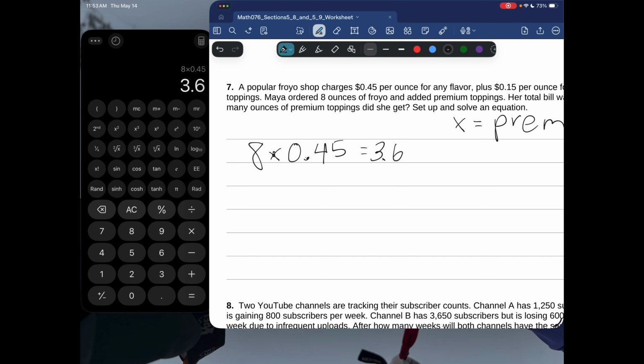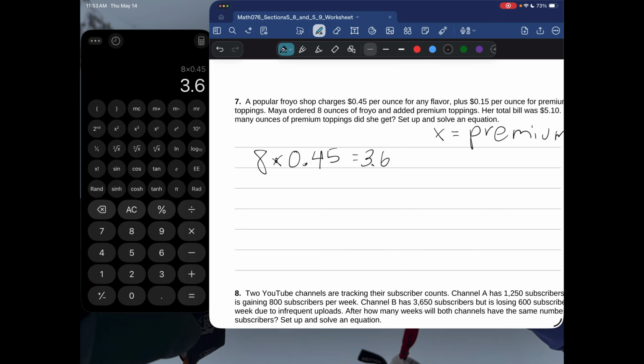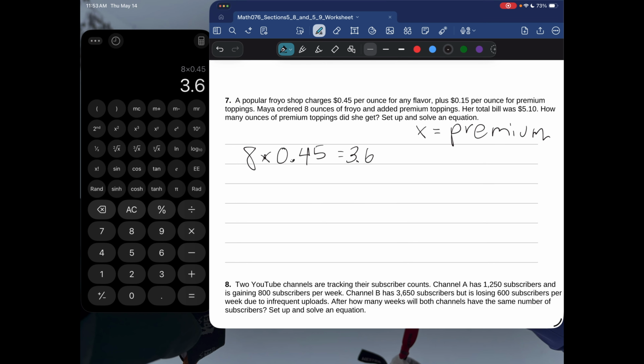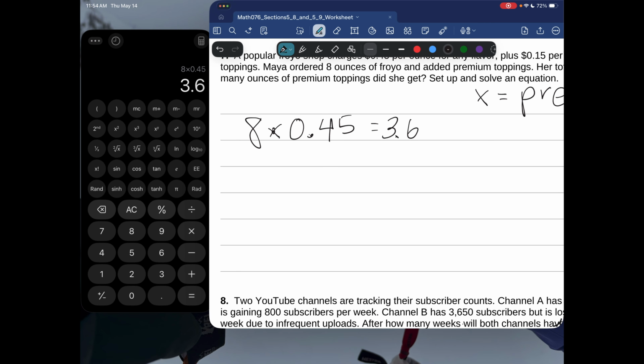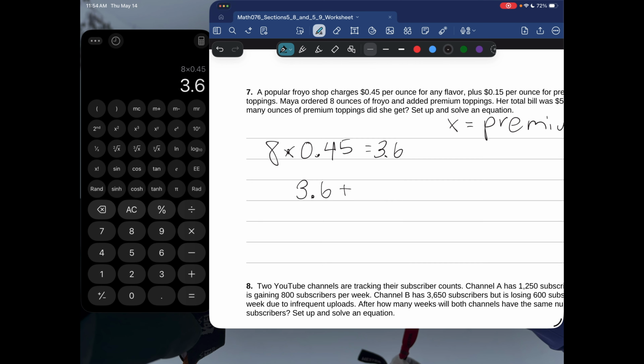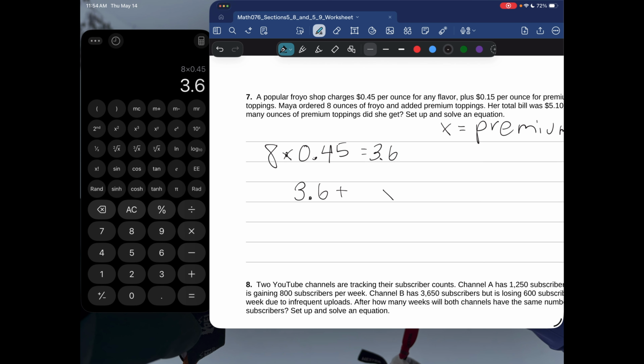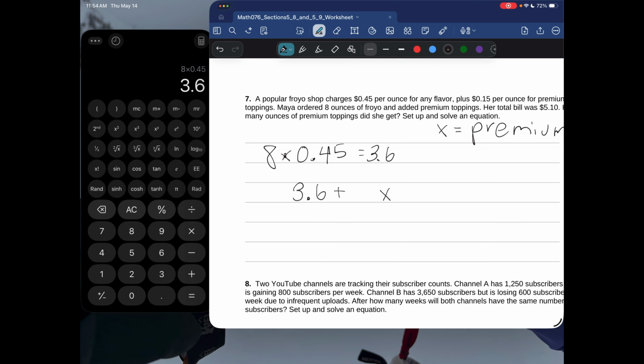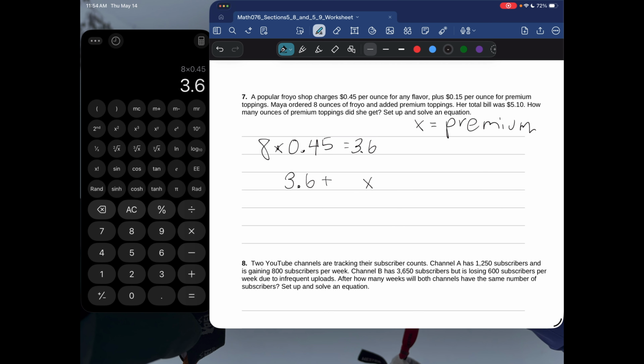And now we're going to ask, how much did she pay for toppings? Her total bill was $5.10. So that's how much she paid for her base froyo plus her premium toppings. So we have 3.6 plus however many premium toppings she did, X. And then the premium toppings are 15 cents per topping.